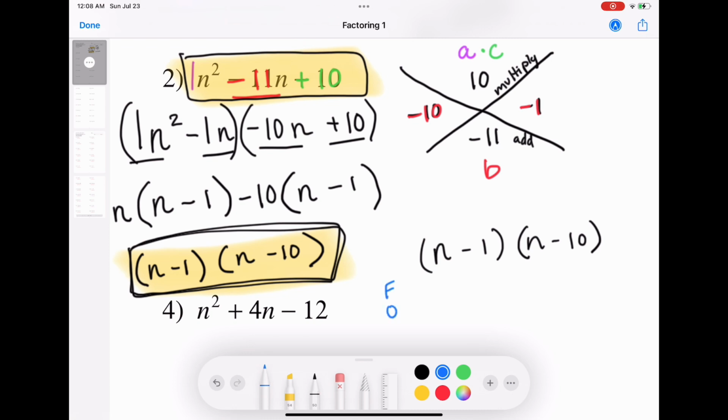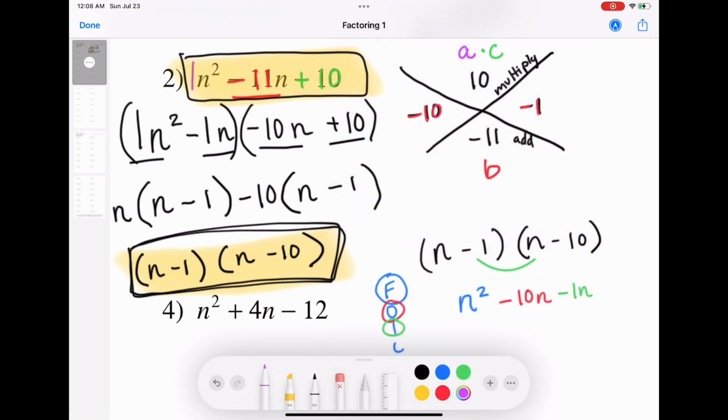I'm going to start with my FOIL firsts. N times n is n squared. Now I'm going to do my outsides. N times negative 10 is negative 10n. Now I'm going to do my insides. Negative 1 times n is negative 1n.